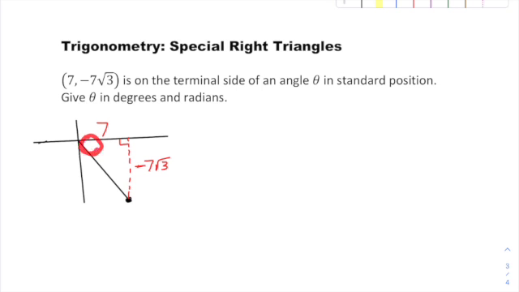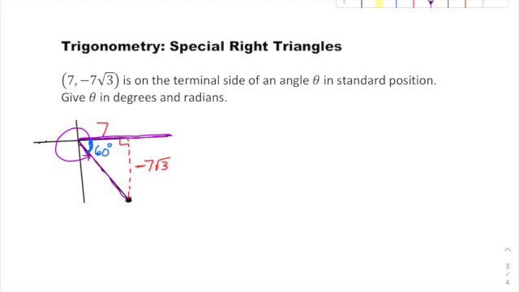The important thing is you got a 30, 60, 90, but what is that angle right there? So that reference angle, as we call it, is across from the x root 3, the longer leg. That's 60 degrees. So your answer, remember, is not the reference angle, but it's what's the angle that will put you in that position from standard position.